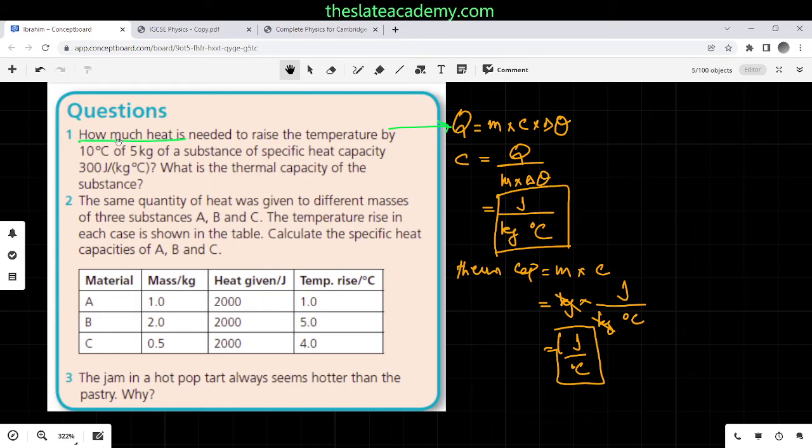What's the change of temperature? It will be 15,000.